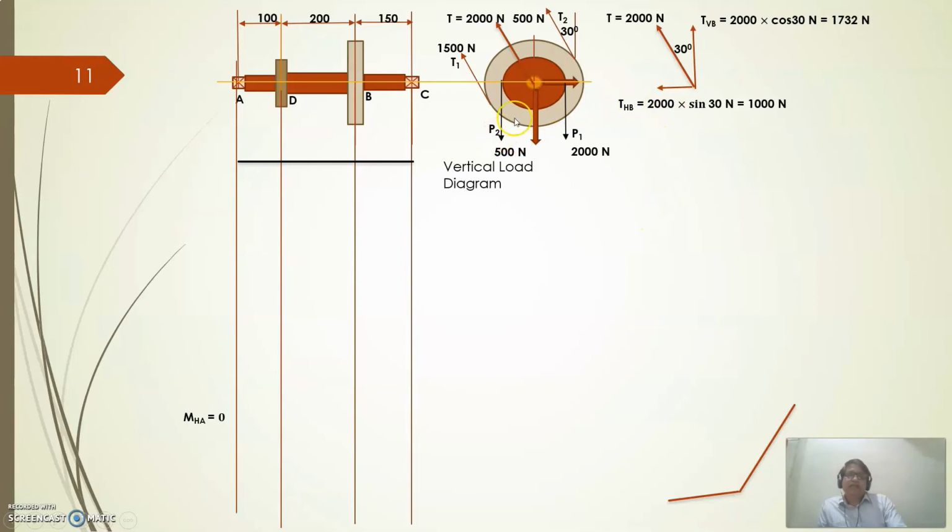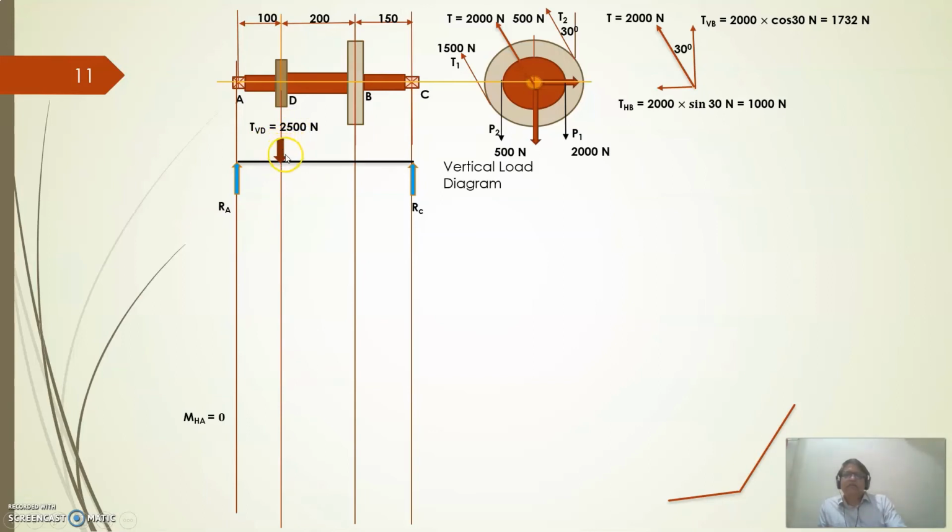See here, P1 plus P2 is acting at point D, and at point B the force TVB is acting, right? So two forces are acting here. One force is TVD.